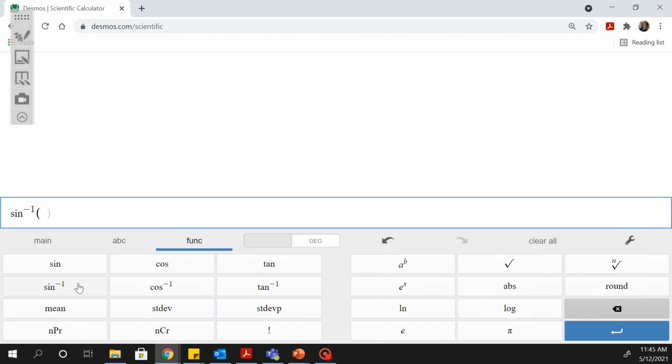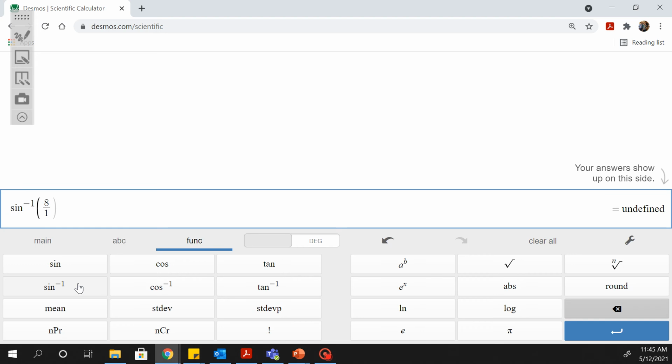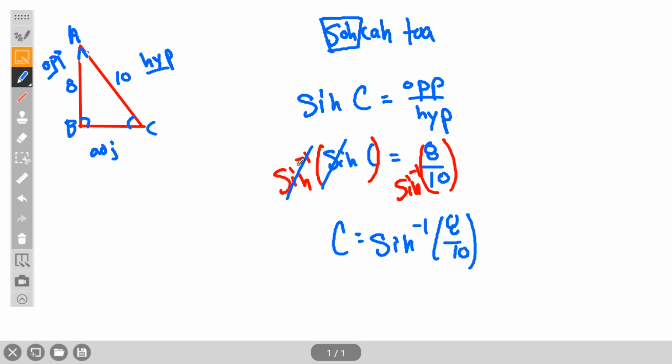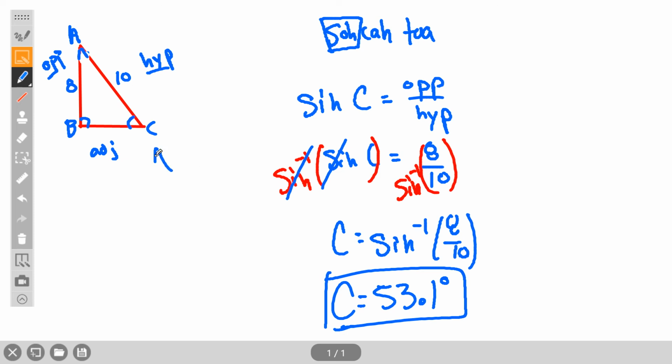Okay, so sine inverse of 8 over 10 is 53.13. So what did it tell me to round it to? The nearest tenth. So that means angle C is 53.1 degrees. Okay, so angle C right here, 53.1 degrees.